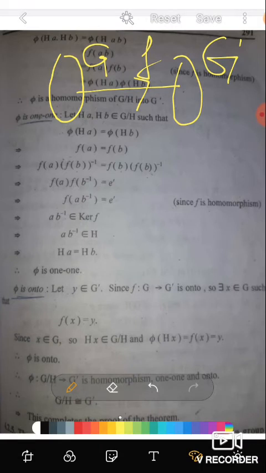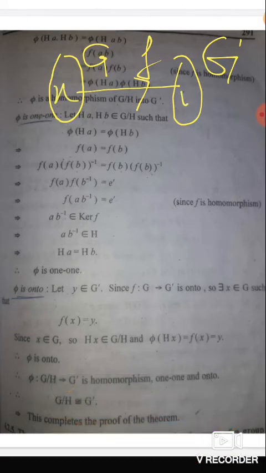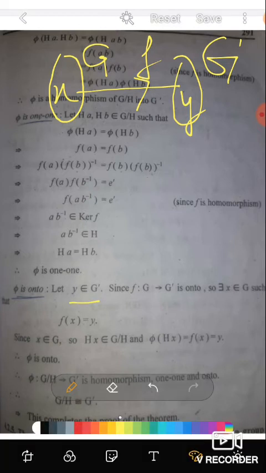Fine. So if we are taking an x type of element here, then here we will take a y type of element. Since we know that function f is onto, this means that for each y belonging to G dash, definitely it has its pre-image in G. There exists x belonging to G such that y is the image of the element x.